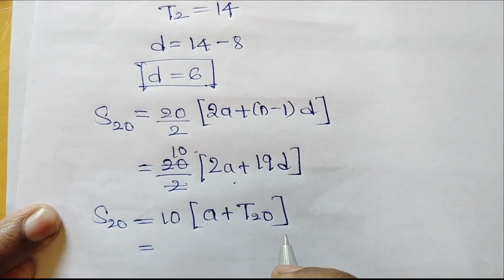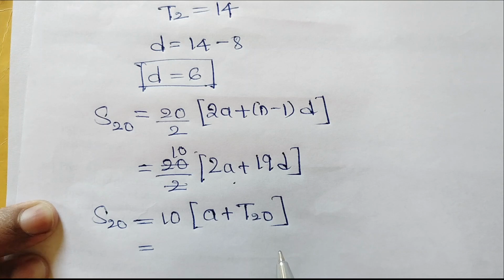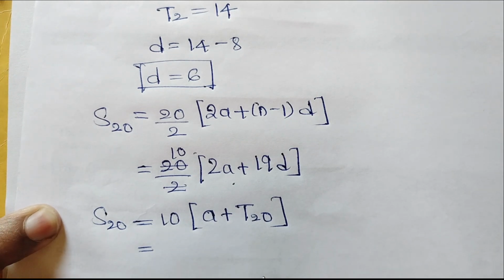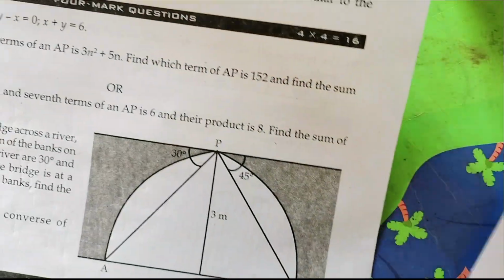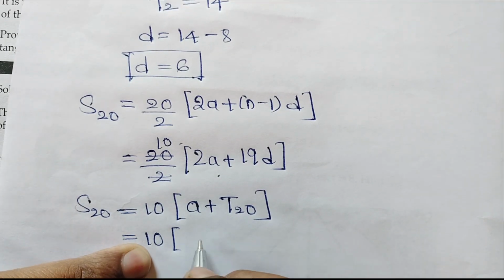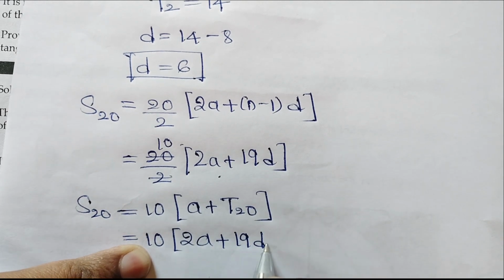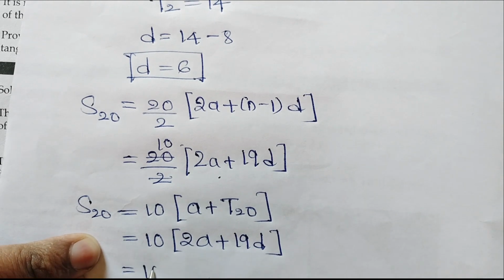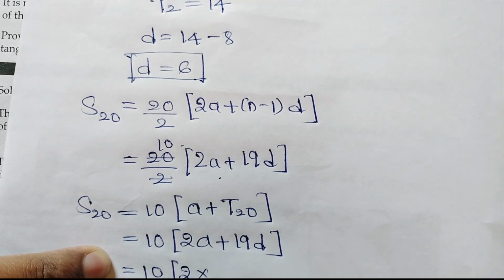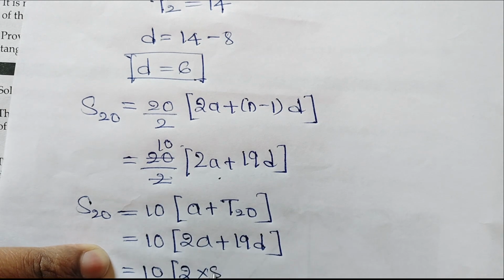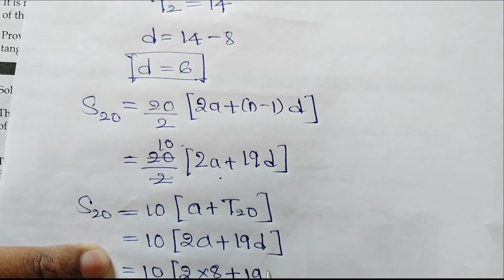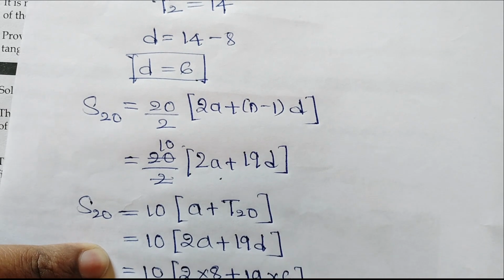Here we know t20, so it can be written as 10 times (2a plus 19d). 2 times a, where a here is 8, and 19 into d, where d is 6.